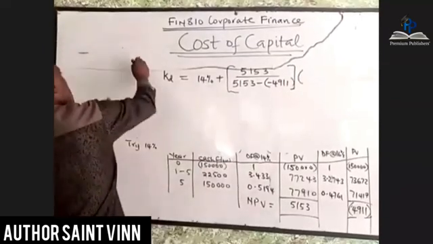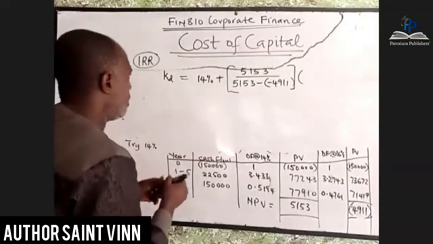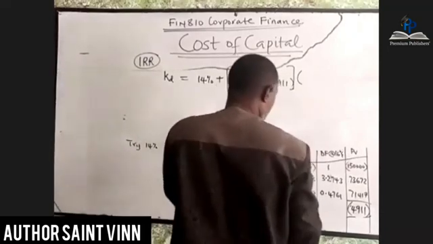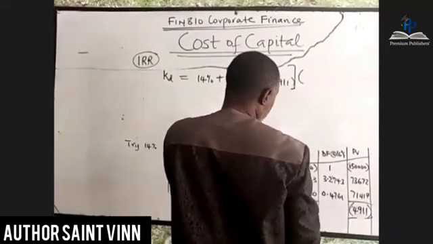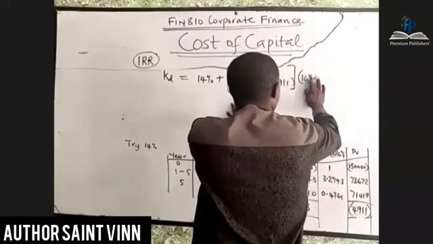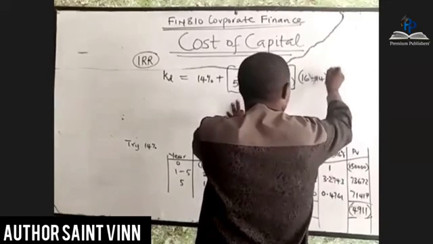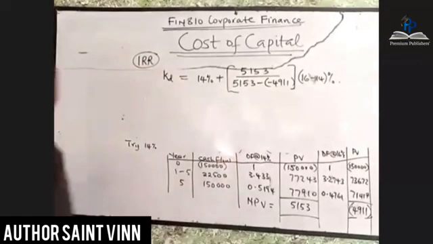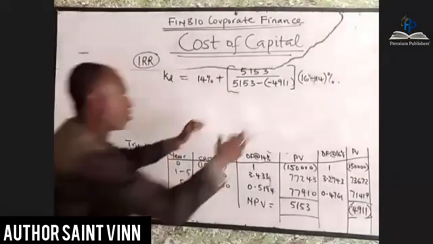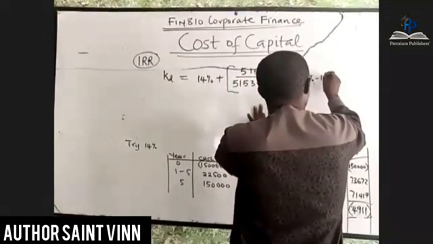We are using the IRR formula, the internal rate of return. That's what we can use, no other thing. And this is 16 minus 14, or 16% minus 14%.